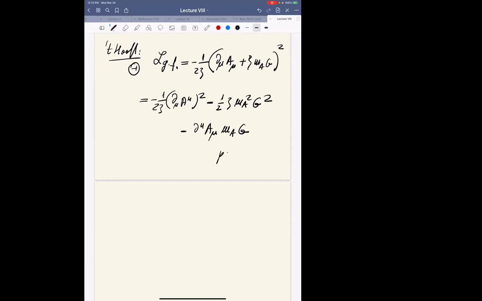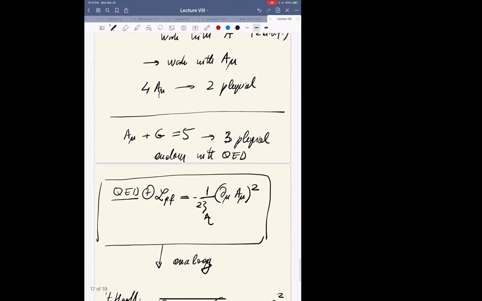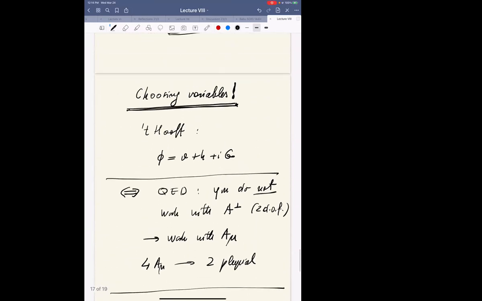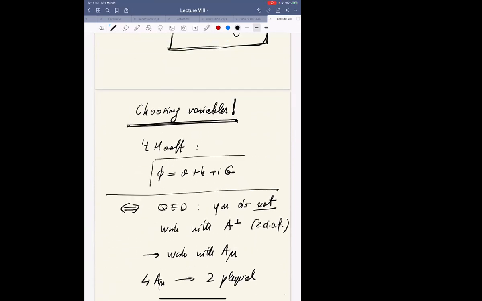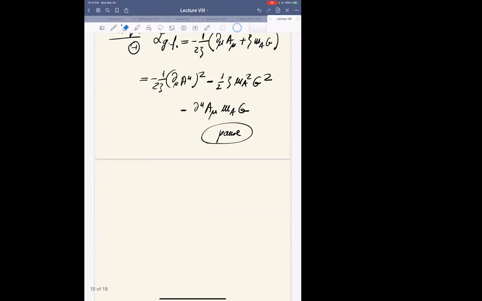Let's pause because I rushed ahead of myself. What I should have told you is why he had to fix the gauge. Let's just go back. What did 't Hooft do? He chose this variable. If he chooses this variable, remember, I should have written this from phi. I should have written this before. We'll come back. I apologize.